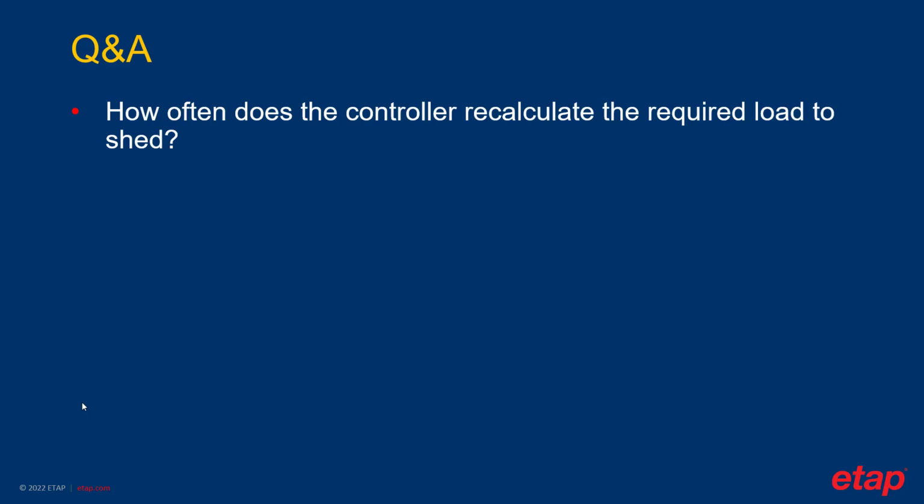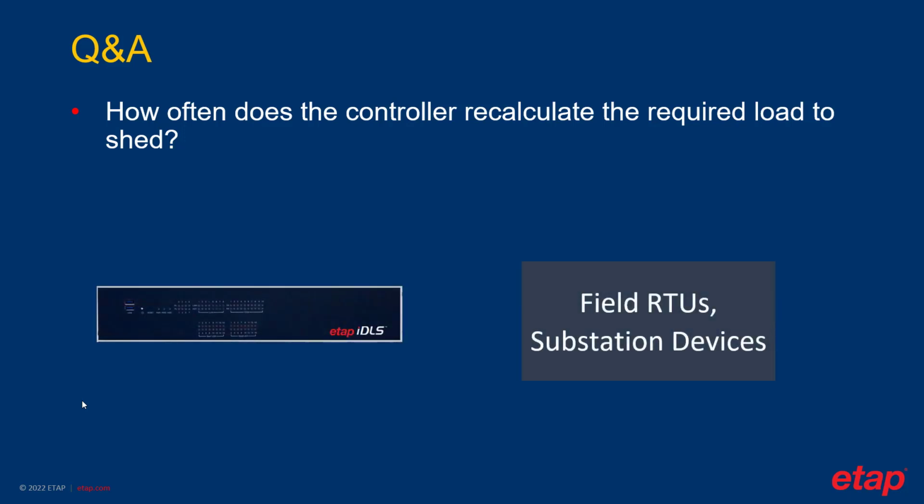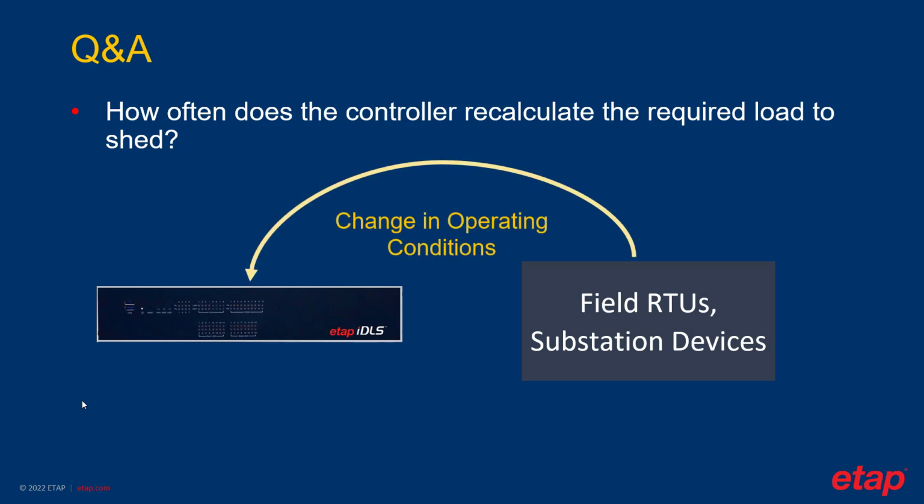Another question we commonly get is, how often does the controller recalculate the required load to shed? This is a process that will continuously happen between the ETAP iDLS controller and the substation RTUs. Our ETAP iDLS controller will be in constant communication with substation devices such as RTUs or other devices that provide continuous telemetry back to the controller.